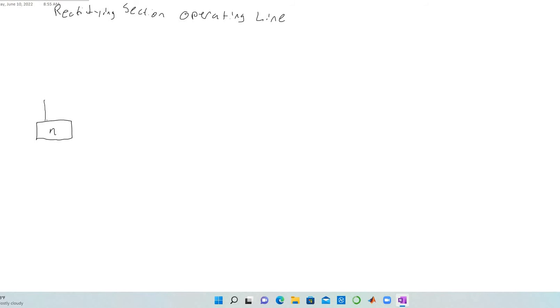And so we're going to have liquid coming down as reflux, and vapor coming up. We're going to draw our next stage, which is going to be some stage n plus 1. Again we have liquid coming down, vapor going up, and there can be an infinite number of stages above. We don't really know.